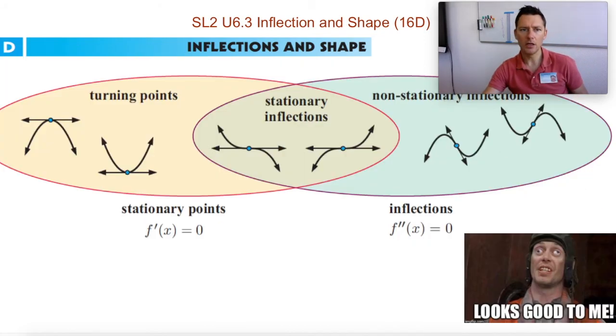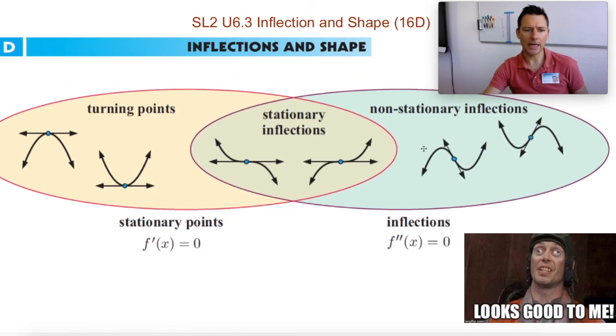Cool. Here's a little visual aid, if you like. The stationary points happen when the first derivative is 0. It means that the slopes are 0 at that point. The non-stationary inflection points means that the slope is still pointing down or up. Here, these slopes are pointing sideways. It's not moving up or down. So those are stationary. Sometimes it's a turn, sometimes it's an inflection point.